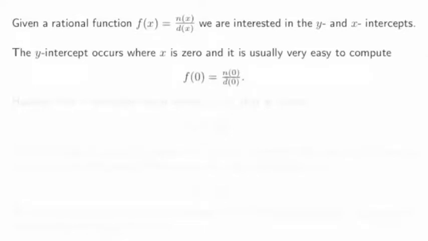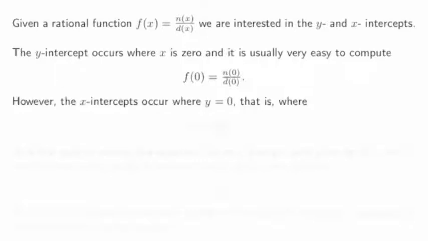Given a rational function f of x, which is the ratio of two polynomials, we are interested in the y and x intercepts. The y-intercept occurs where x is 0, and it's pretty easy to compute. Just plug in 0 to the numerator and 0 to the denominator. However, the x-intercepts occur where y is equal to 0, that is, where 0 is equal to n of x over d of x.